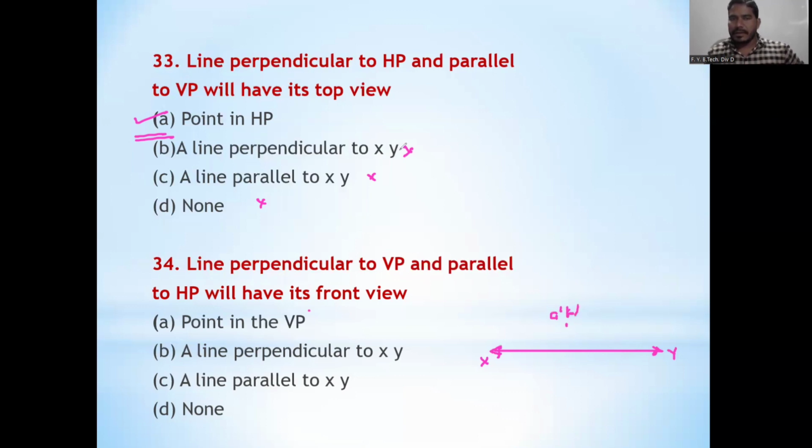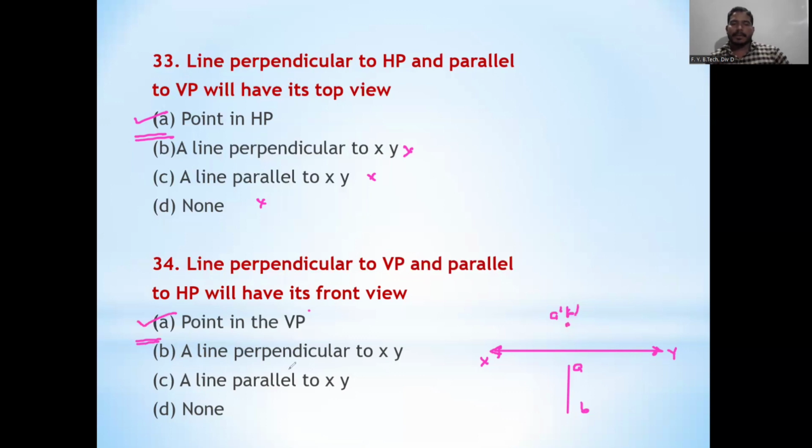And whatever its top view is, in the top view we'll get a line perpendicular to the xy. So here this will be the A and the B. In this case, this condition will be there, which means the front view will be a point in the VP. So this is the option.